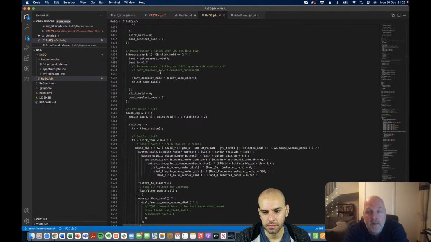So in ReEQ terms, what's got to happen to make that a thing is I've got to take in a sidechain input, which is the signal that you're going to use to drive the band compression. Probably apply some sort of band pass filter on that, or a low cut, high cut to it, to get within a variable frequency range.